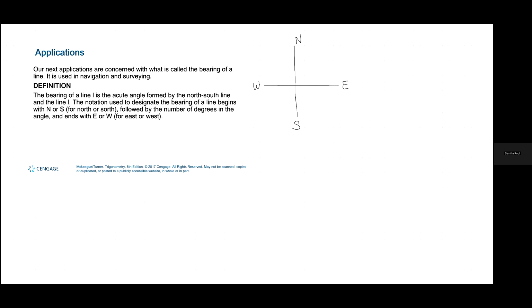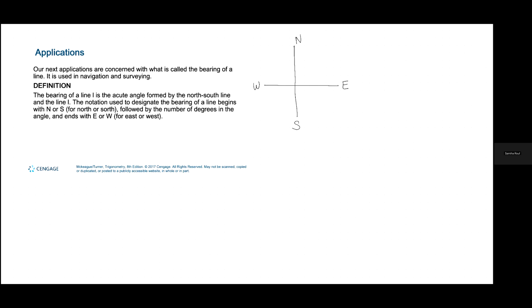In these problems, when we think about the bearing of a line, we consider angles in relation to the north and south line.